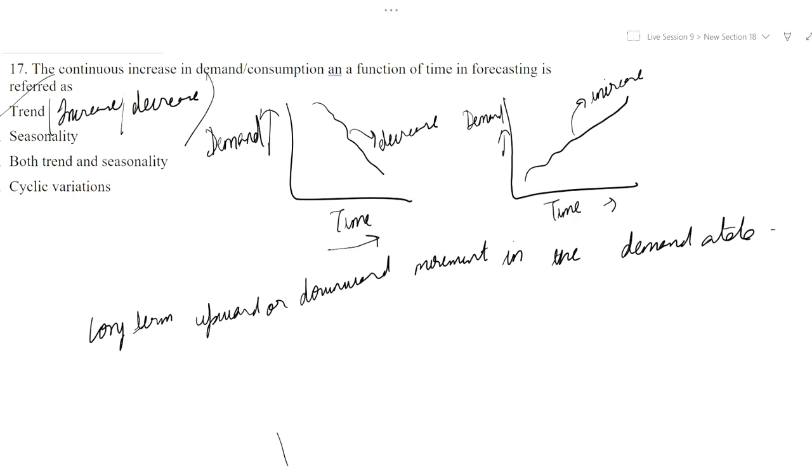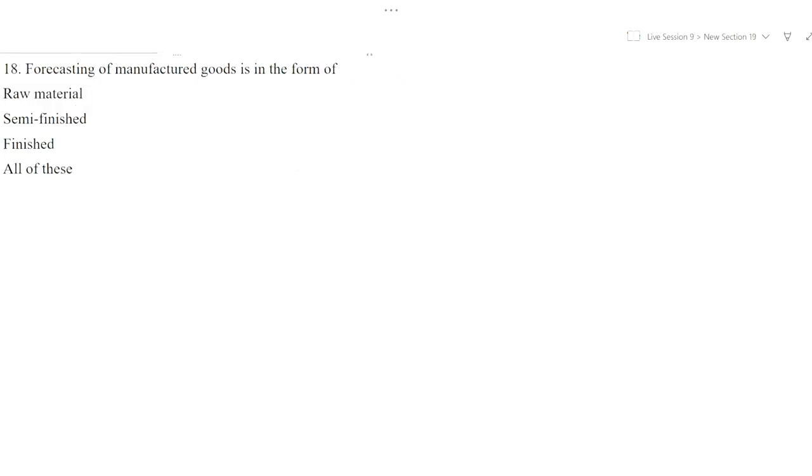So the next question. Forecasting of manufactured goods is in the form of raw material, semi-finished, finished, all of these. Well, the manufactured goods are forecasted in all types. Raw material, semi-finished, finished.